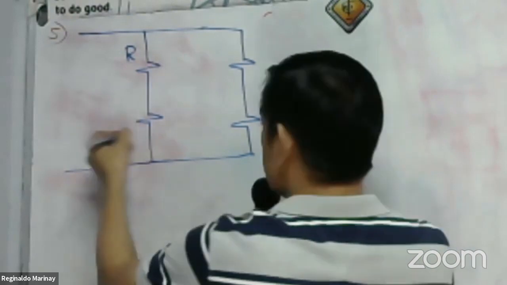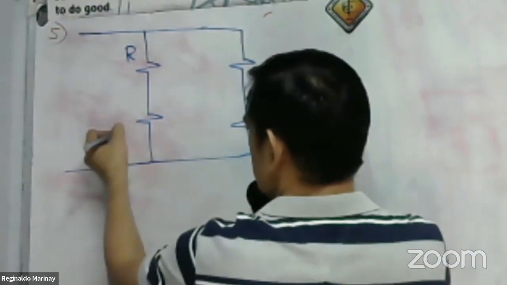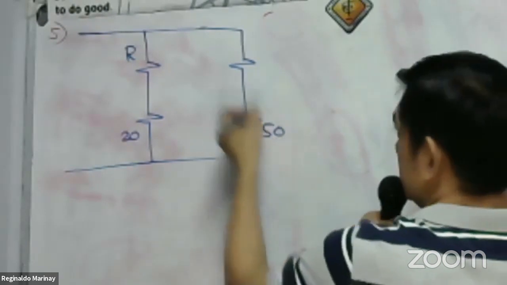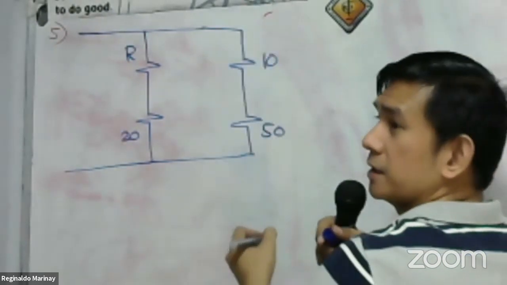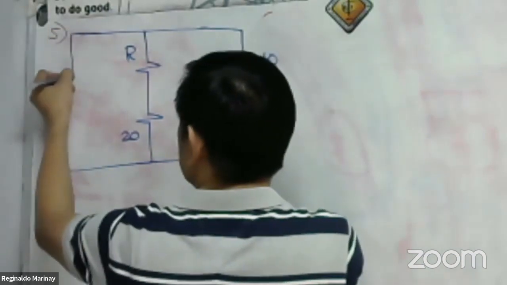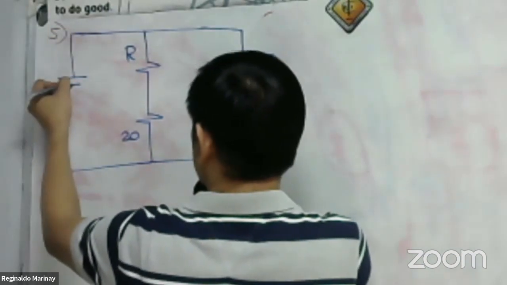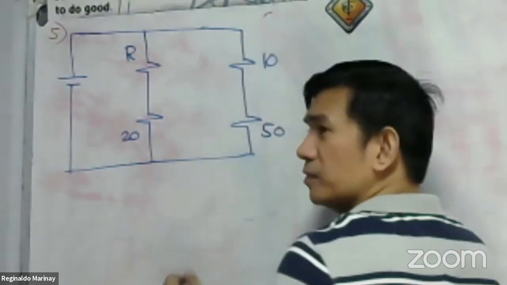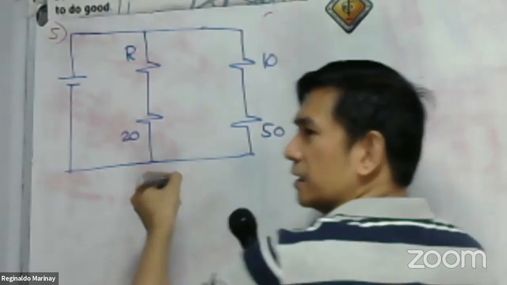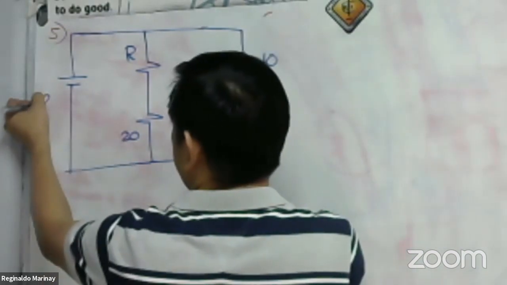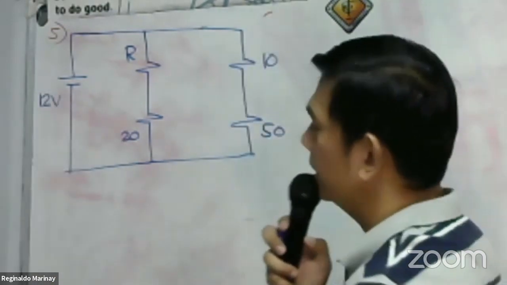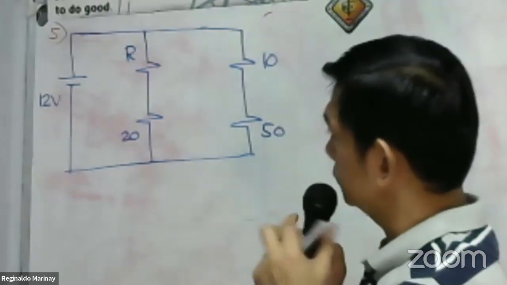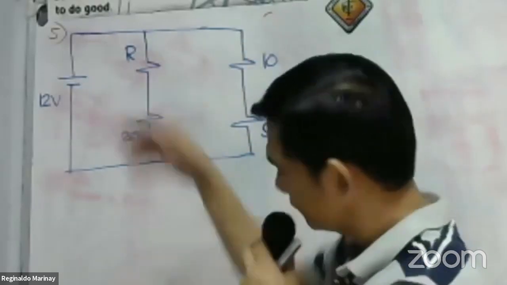Okay, this is our R, our 20, this is 50, this is 10 ohms, then there is a voltage source here, 12. Okay, so we have a 12 volts source. Take a look here, guys.